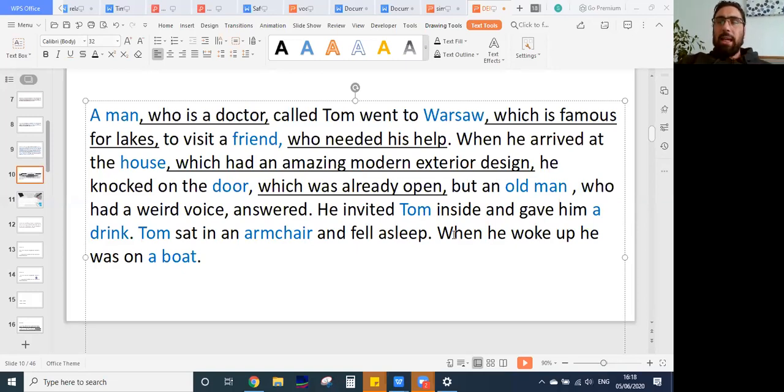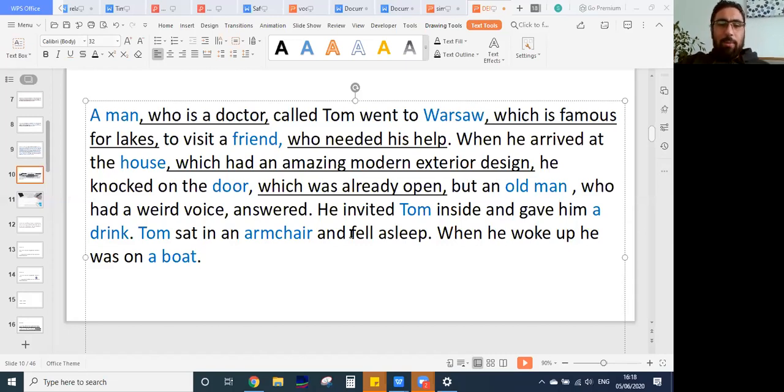He invited Tom inside and gave him a drink. What could we say? Someone is saying who had long hair that covers his eyes. Wow. Okay, I like that. So who had long hair that covered his eyes. That's giving it a bit of a strange feeling.